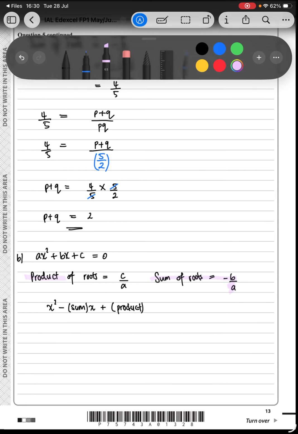And this will be equal to 0, the quadratic expression.